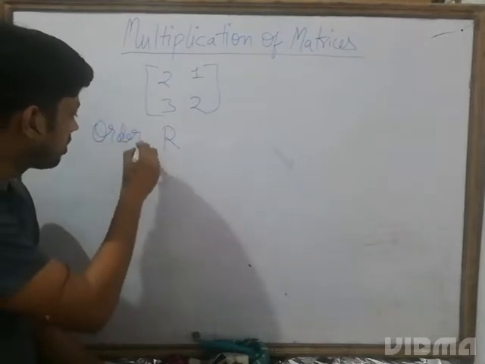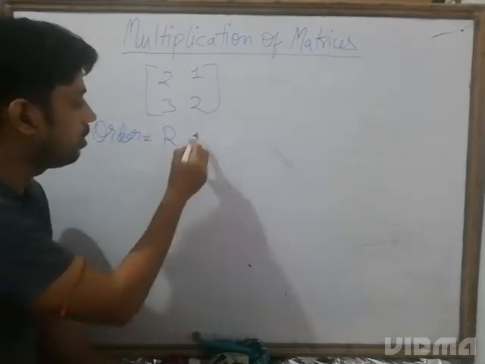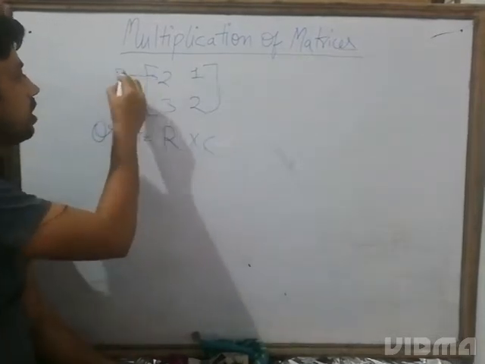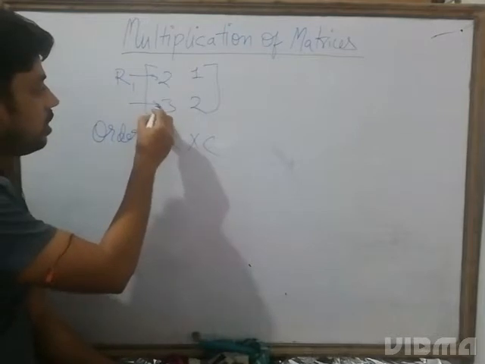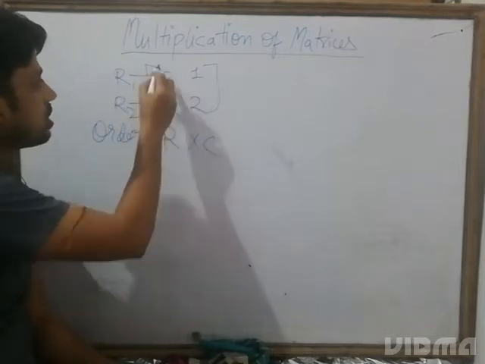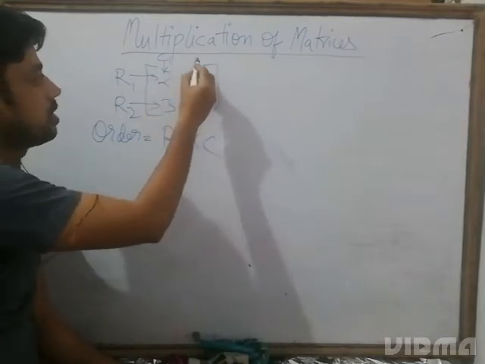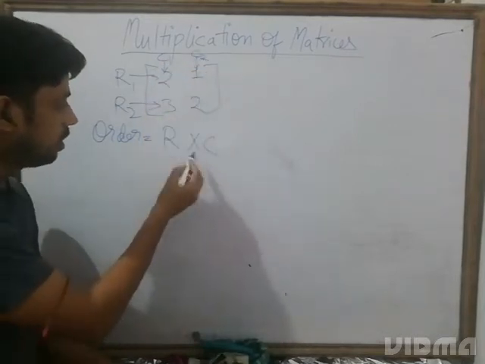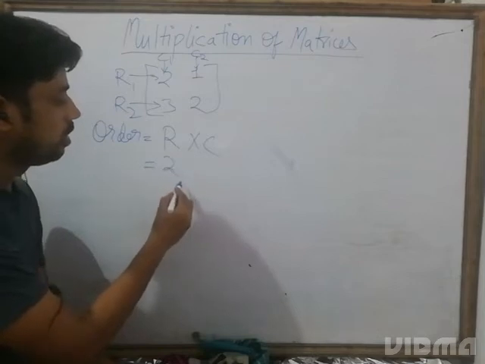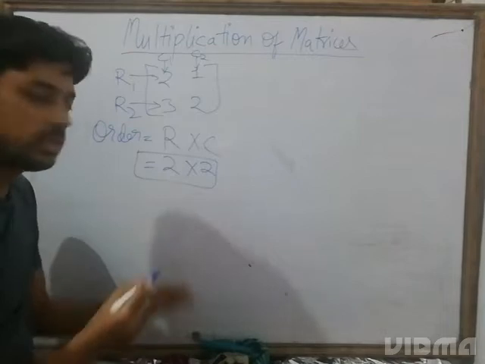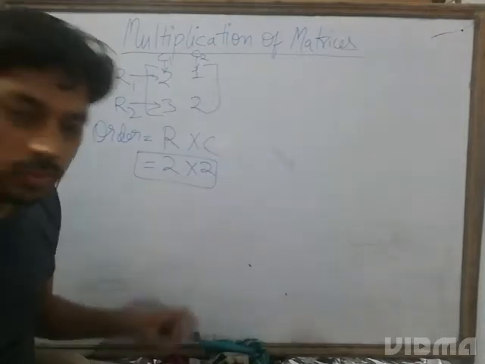Order is always written in the form of row into column. How many rows are there? This is R1, the first row, and this is R2, the second row. Then this is column 1, and this is column 2. So the number of rows is 2 and the number of columns is 2. So the order of the matrix is 2 into 2.